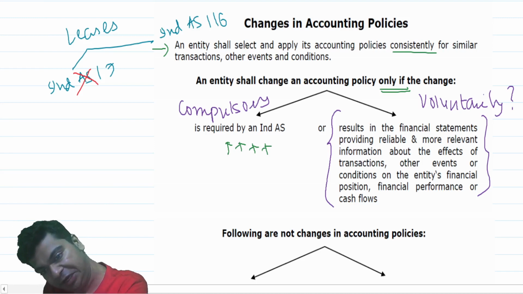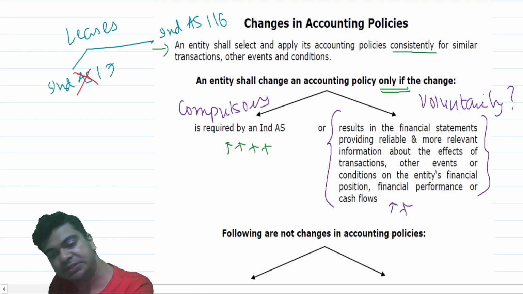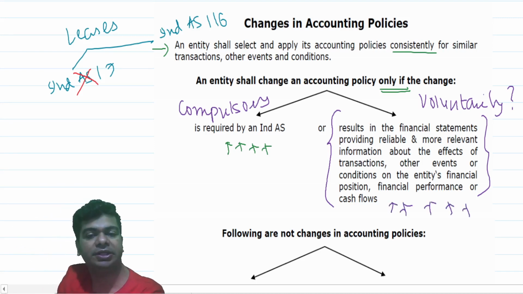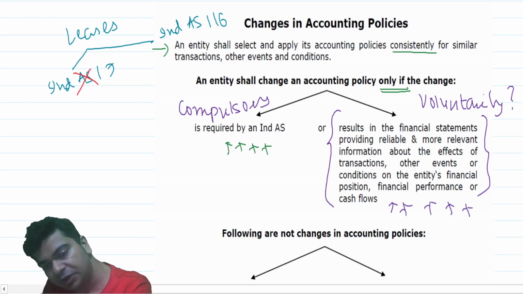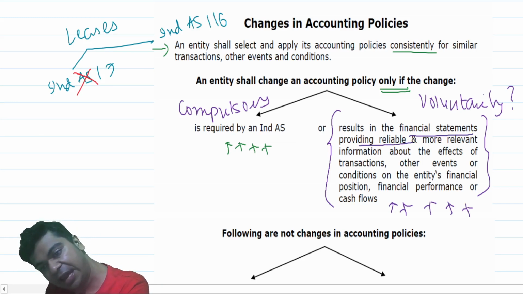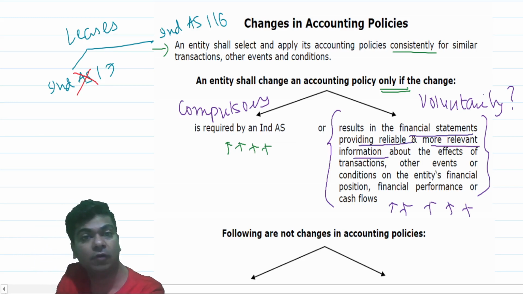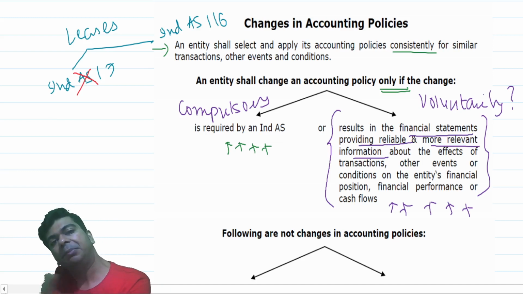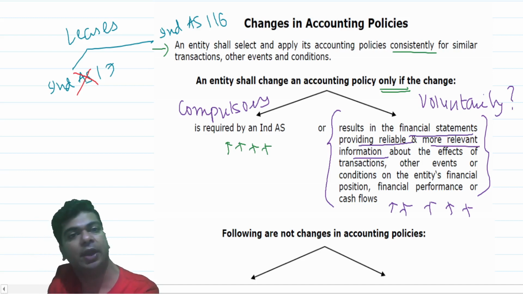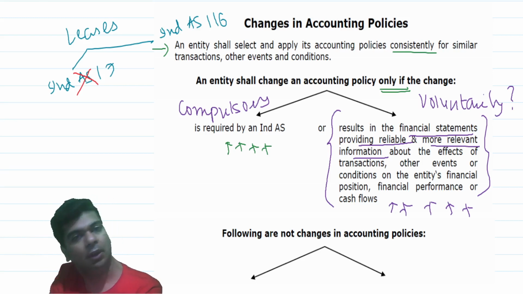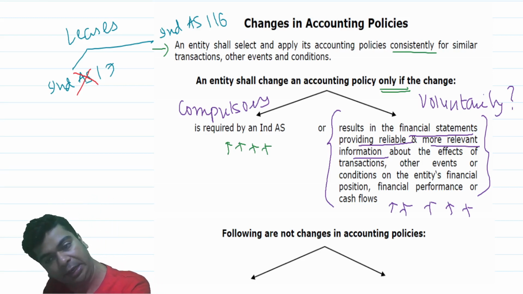When can you voluntarily change an accounting policy? Here it is. When can you voluntarily change it? You can change an accounting policy voluntarily if the change results in the financial statements providing reliable and more relevant information. As I said, my competitors are following weighted average. I also follow weighted average. Now my inventory is more reliable compared to what I was showing earlier.